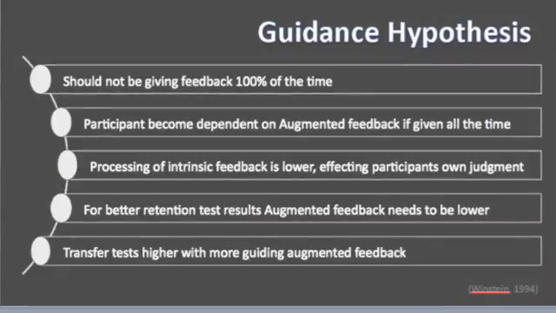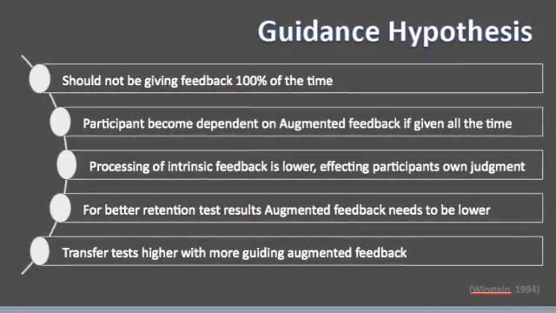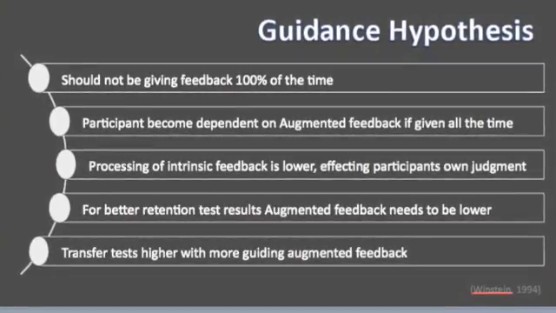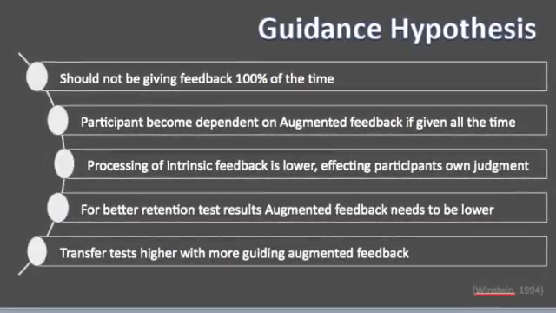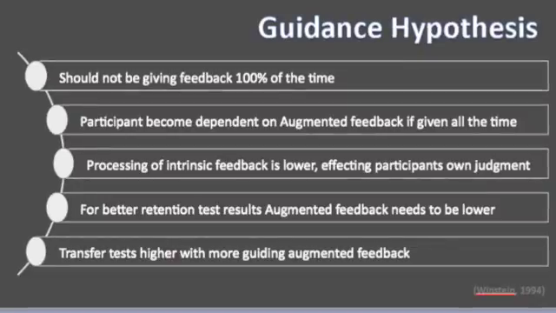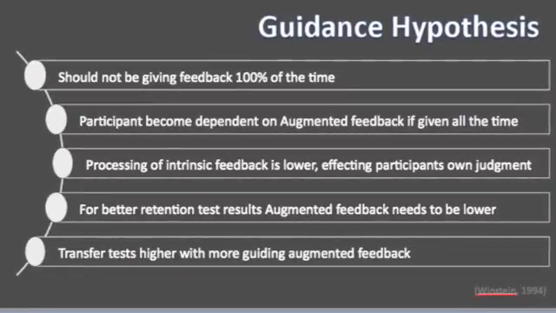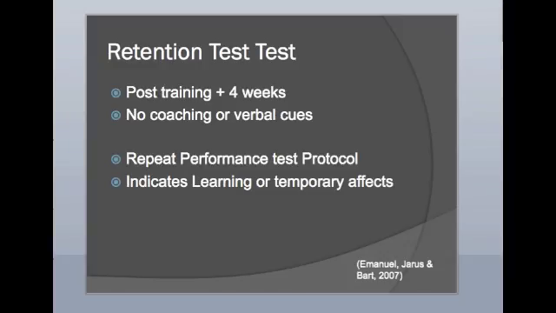Therefore, in our 6-week training program, we decided that augmented feedback should be used only 50% of the time, as this was shown by Winstein to be the most effective way to increase the efficiency of learning whilst also helping with retention scores. Retention tests are conducted 4 weeks post-training and include no coaching of verbal cues.